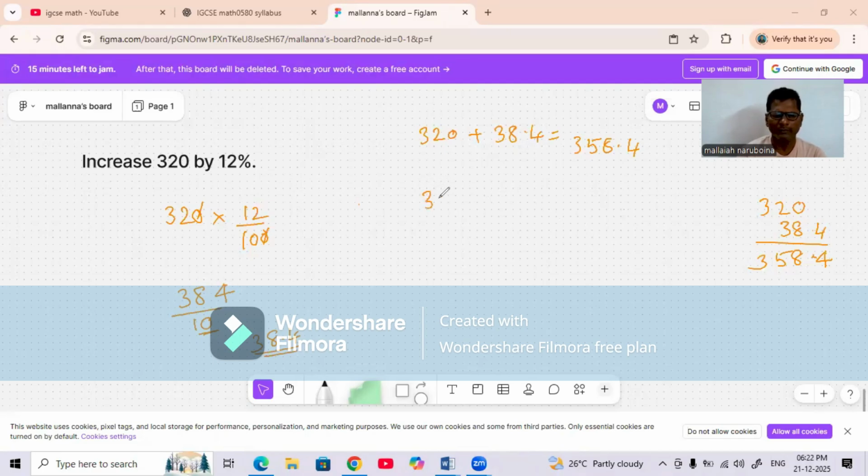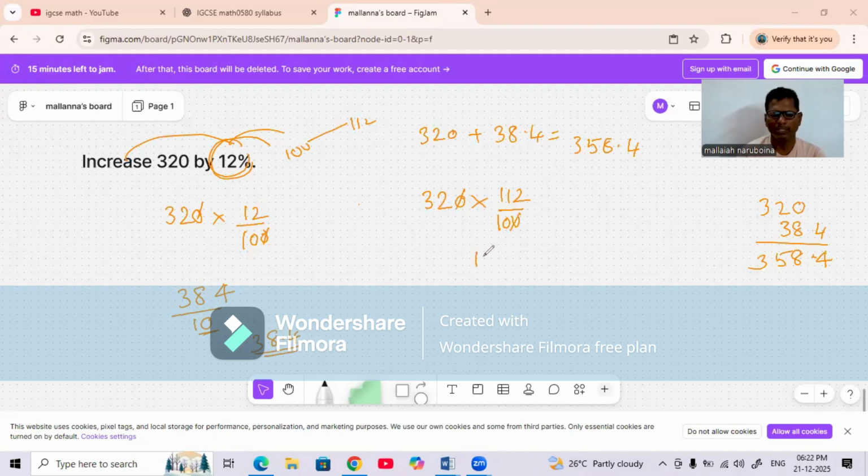You can do it directly. See, write 320 first, into 112. A 12% increase means 100 becomes 112. So write 112 here. 0 0 gets cancelled.